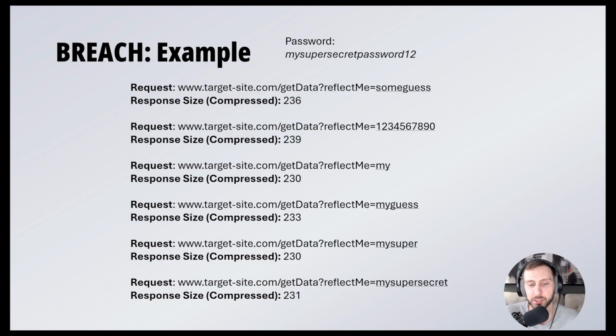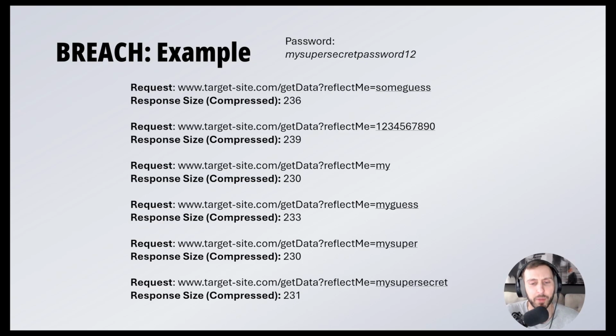In most cases, you probably aren't going to be able to guess a password with a breach vulnerability, but it lets you much more quickly identify what the actual secret is by matching subsets of the target string. If you look at a lot of the examples of the breach vulnerability that's been written up, a lot of them focus on CSRF tokens, which are viable targets, assuming that your CSRF token is not being regenerated on every response.